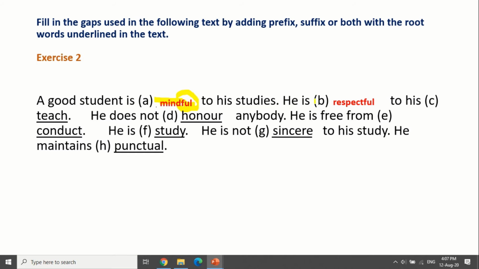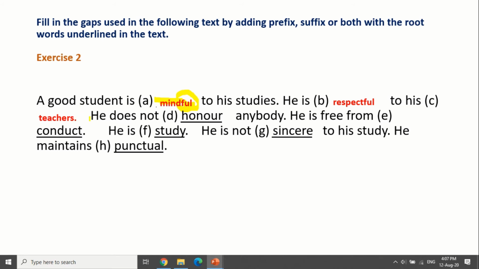So he is respectful to his teach. Teach is a verb, but in this case we need a noun, and actually we need a plural noun. So the word will become teachers. So the correct sentence is, he is respectful to his teachers.